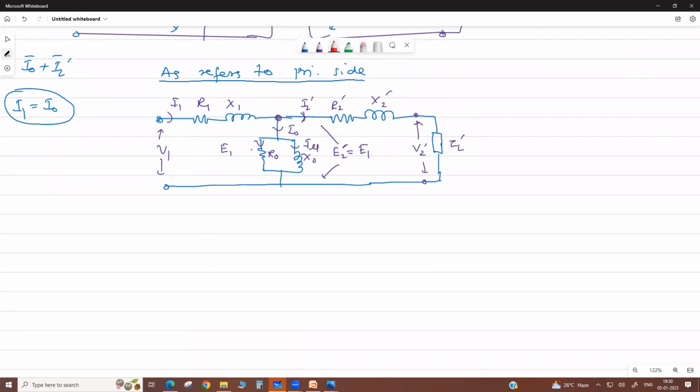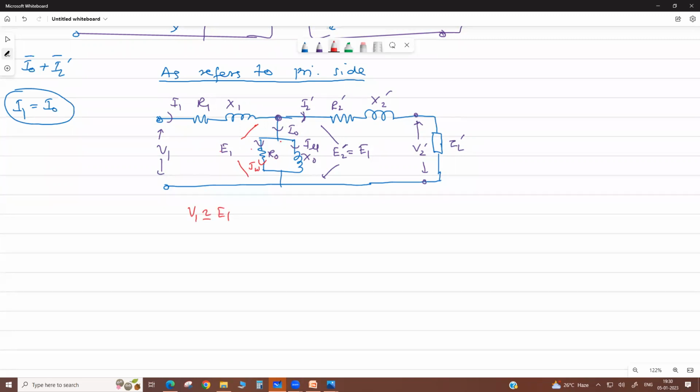Across this terminal is E1, and V1 is near about E1.